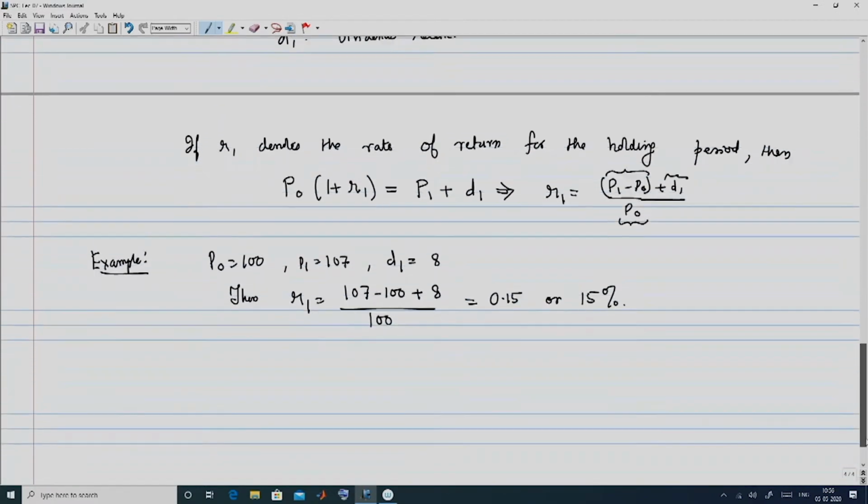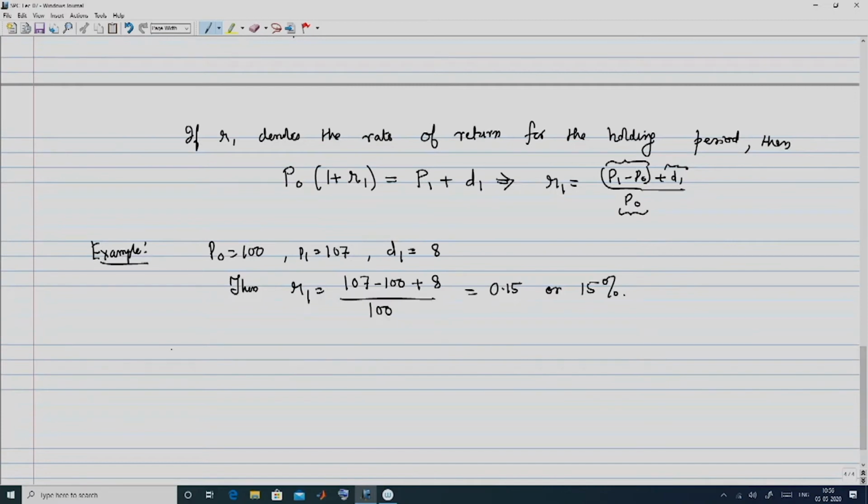Okay, so we have now talked about the return for a stock. In case of a bond, say you have a coupon paying bond.